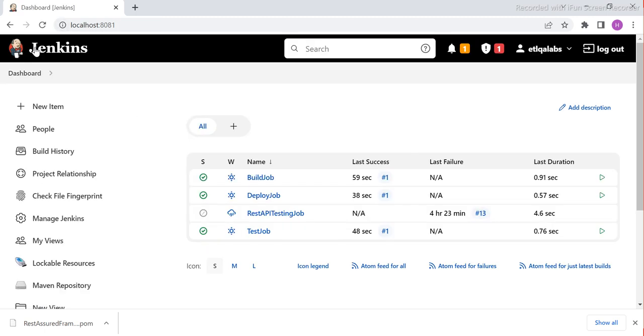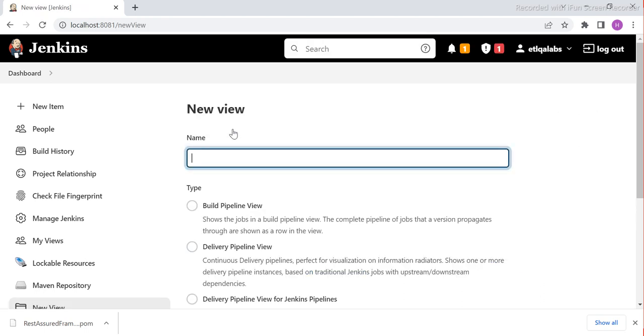Now I would talk about something about CI/CD. So this is the normal way of creating a job. You have so many other options, guys, but the idea here is to tell you what CI and CD are, right? So now if I click here, I get something called build pipeline.